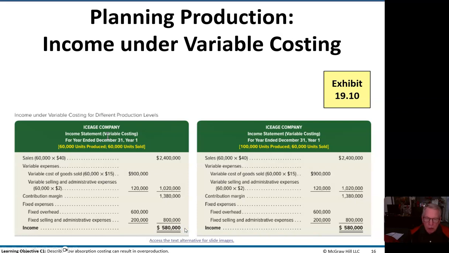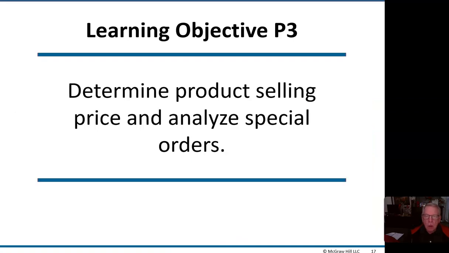Very important concept. Why? Because we're not hiding any fixed costs at this point. I use the term hiding, but we're not waiting until we sell those units to record those fixed cost amounts.